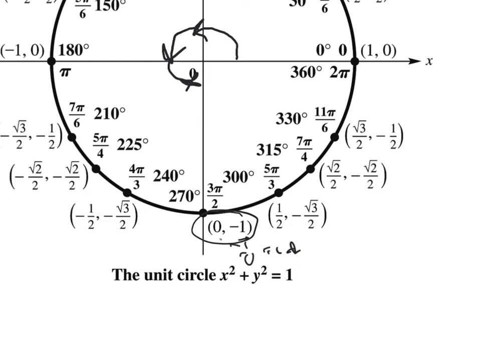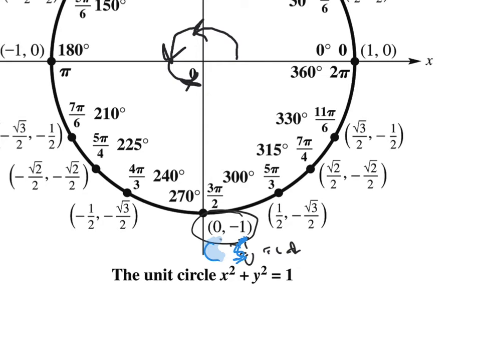And remembering that this number is the cosine of that angle. This number is the sine of that angle.